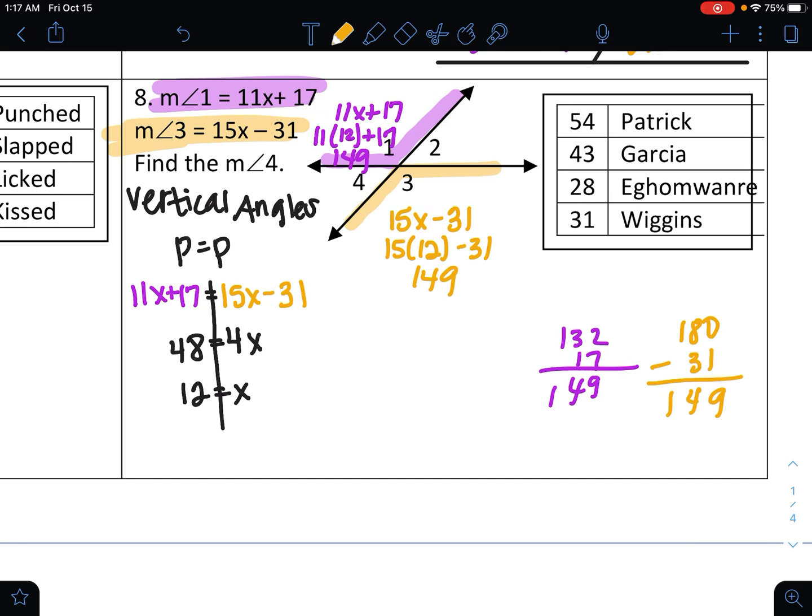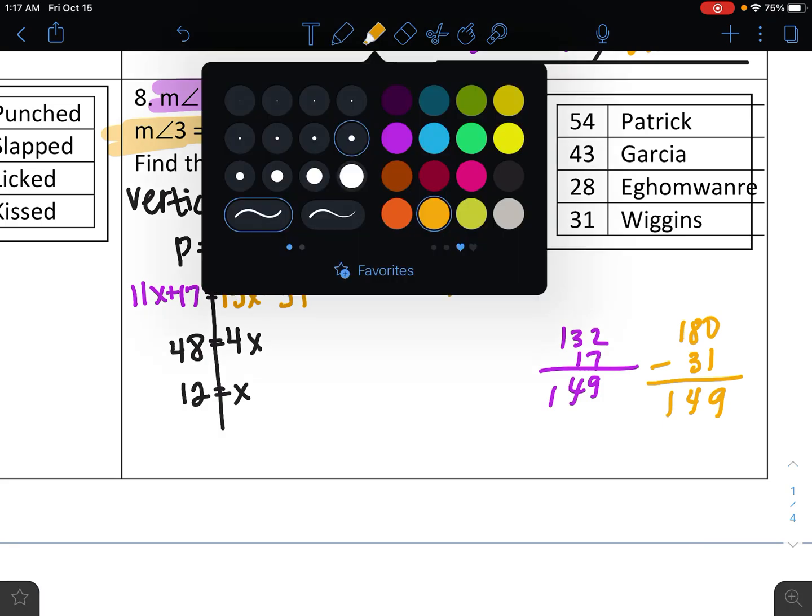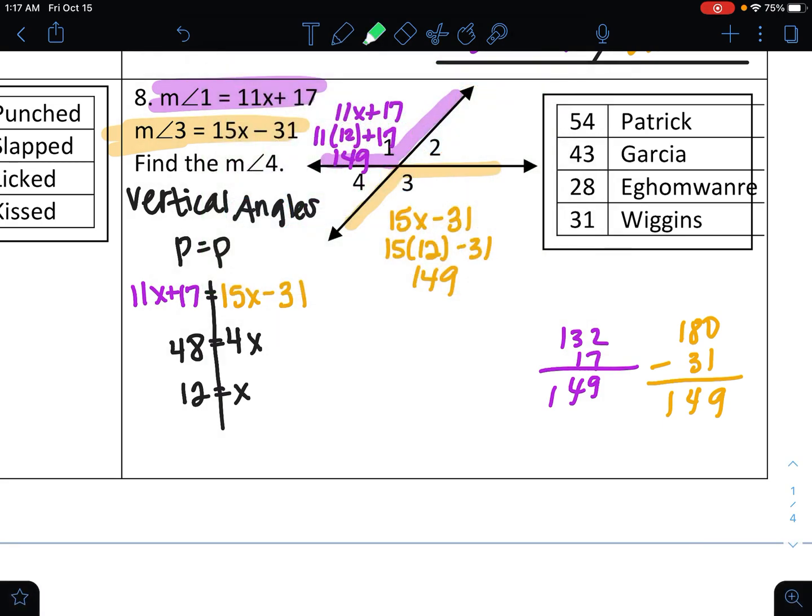Oh, that's not the answer. Duh. It says find angle 4. This is why multiple choice is great. All right, so the measure of angle 4, we use a different color for that. So angle 4 is right here. Okay, so here's the deal, Ally McBeal. Angle 1 and angle 4 make a linear pair. You can tell because it's a straight line, and 1 and 4 are on one side of the straight line.